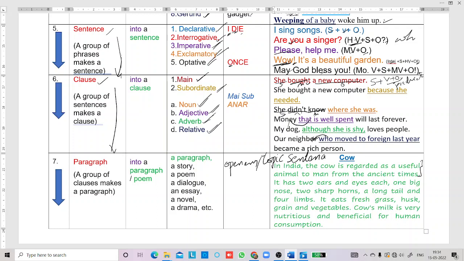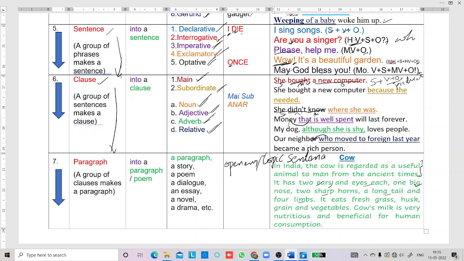It has two ears, two eyes, one big nose, two sharp horns, a long tail, and four limbs. Now, how many sentences are there here? It has two ears. This is one part, a big clause, and in a big clause, how many sentences are there?